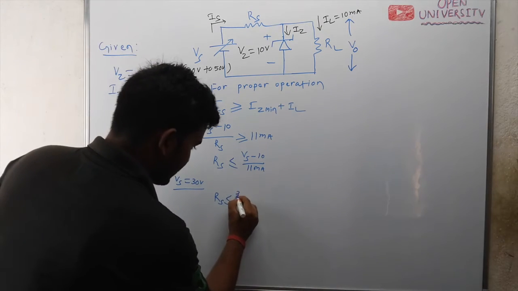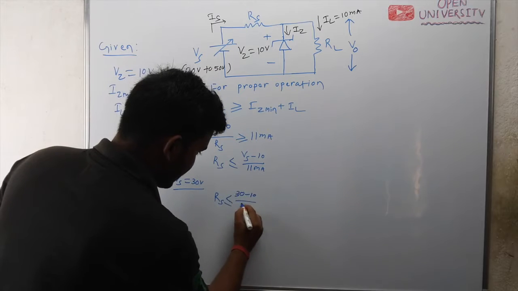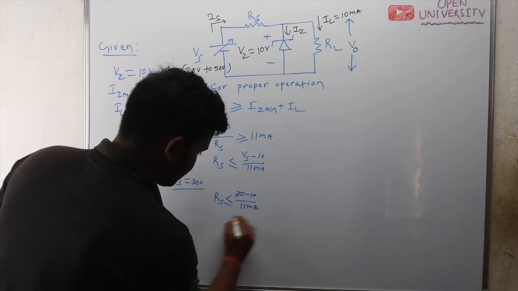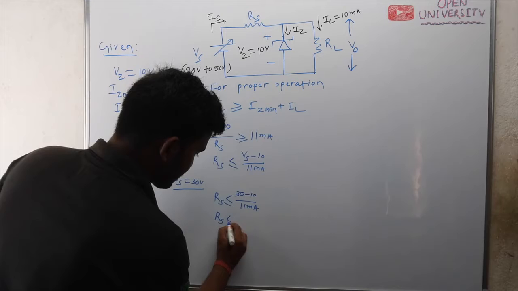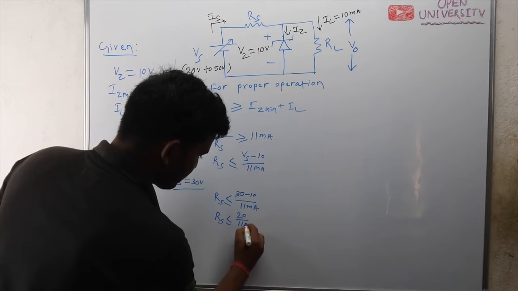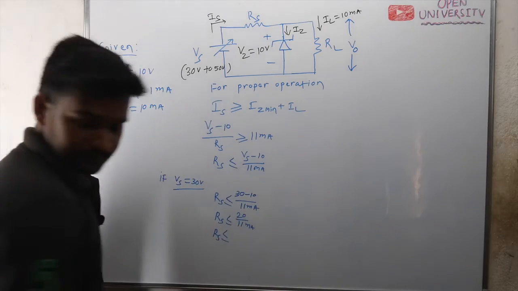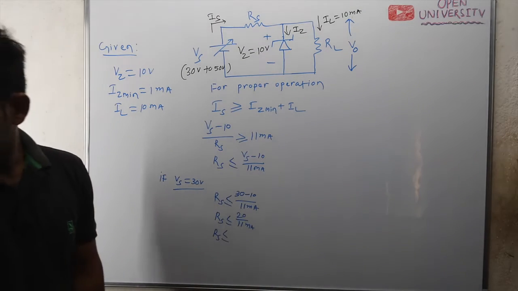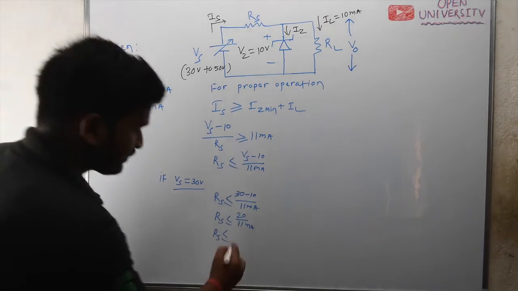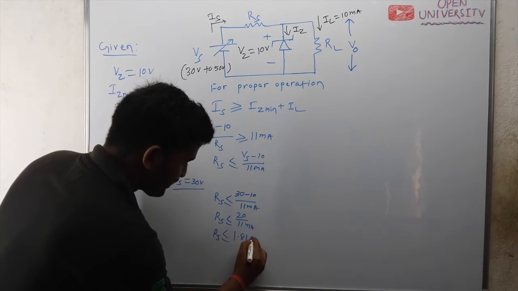Rs has to be less than or equal to 1.818 kilo ohm.